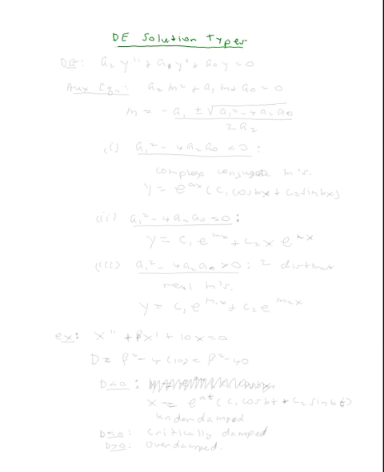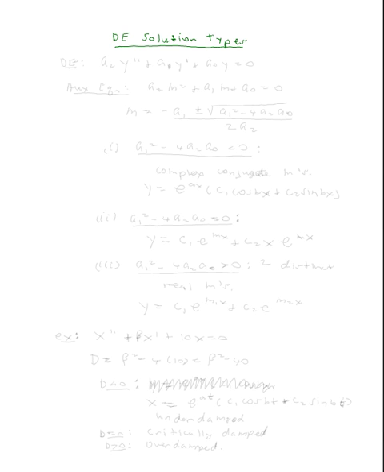We've already learned how to solve linear homogeneous differential equations with constant coefficients. We write the auxiliary equation for the differential equation, and say the form of this equation is P of m equals 0, where P of m is an nth degree polynomial corresponding to an nth order differential equation.